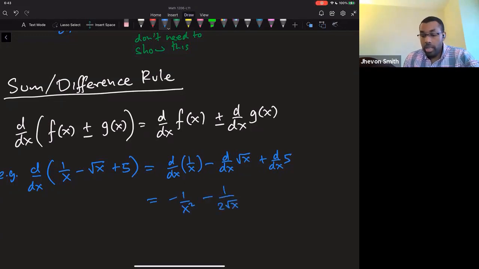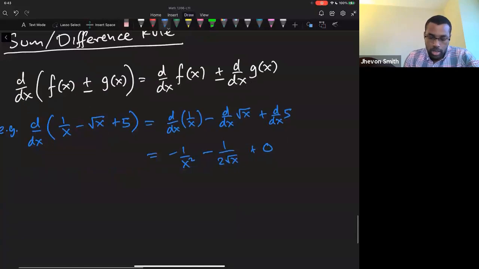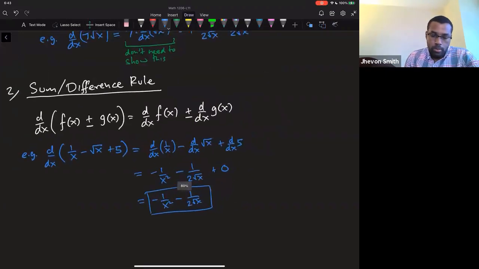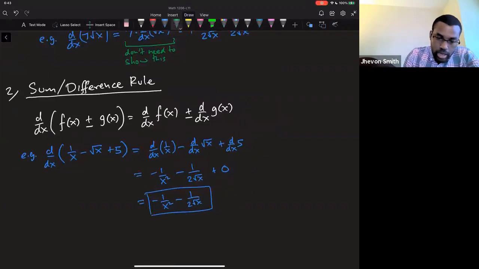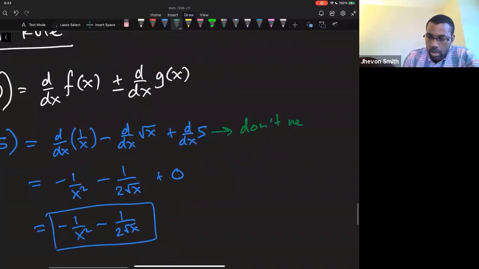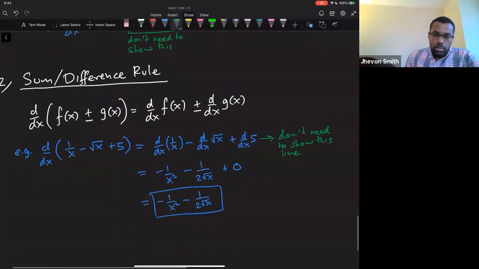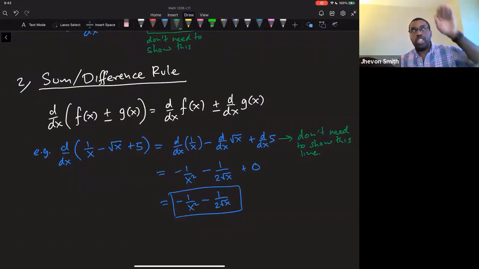We did that yesterday. And the derivative of 5 is 0. So this is just going to be that. Again, I would say you don't have to show this line. But yeah, once you know how to differentiate each individual term in a sum, you can differentiate the sum itself because the derivative will distribute across the sum.